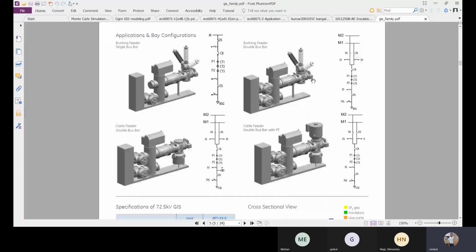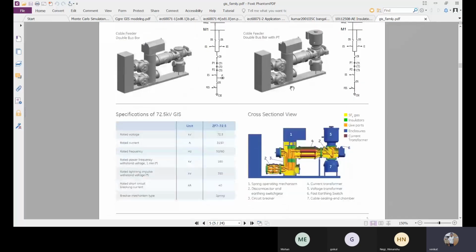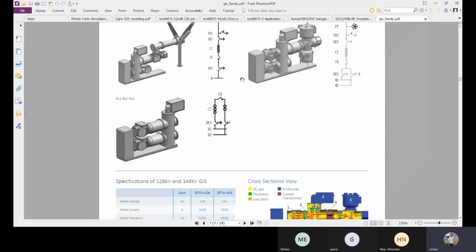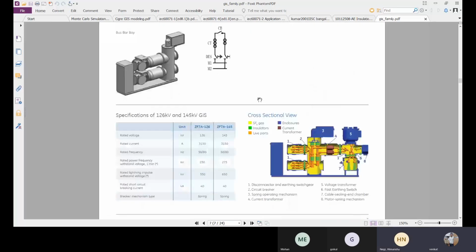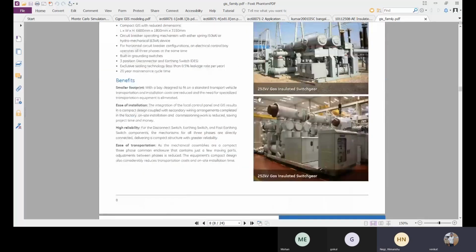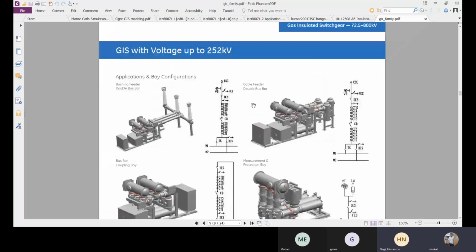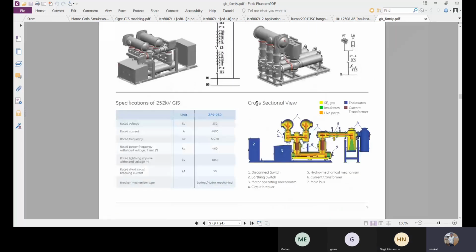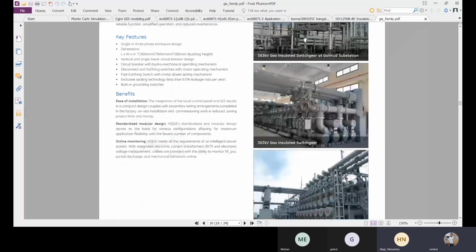We have double breaker schematics, double busbar schematics, one and a half breaker schematics, like that, right? Yes. If you want to know how this compartment looks for the one and a half breaker scheme and for the double breaker scheme, with this we can know the difference, and how the bushing feeder will look. Okay, we can keep it up.